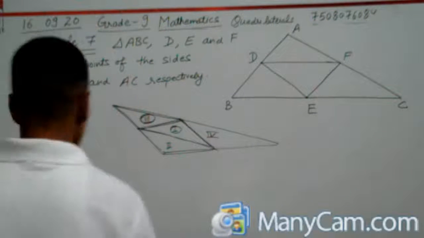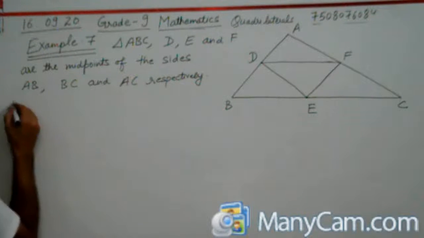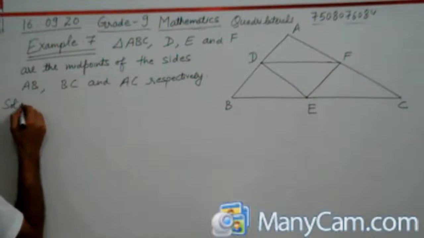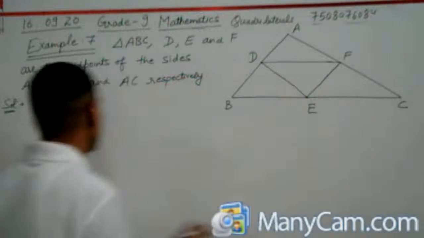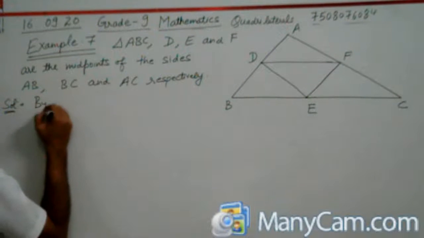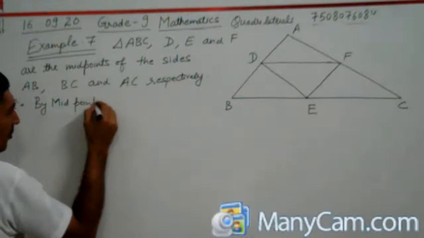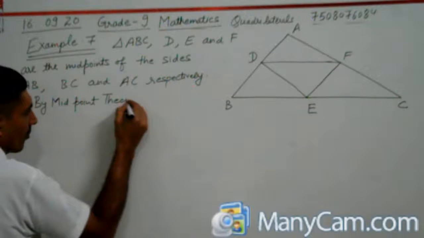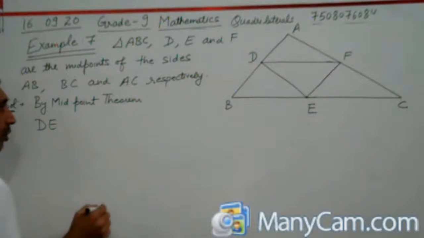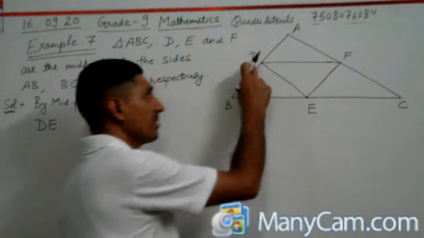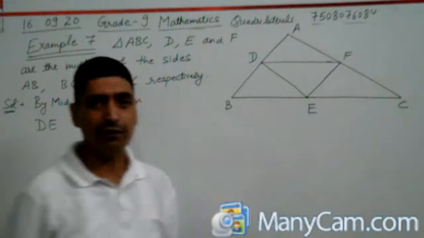So what is the solution? By the midpoint theorem, we know D is the midpoint of AB, E is the midpoint of BC and F is the midpoint of AC.